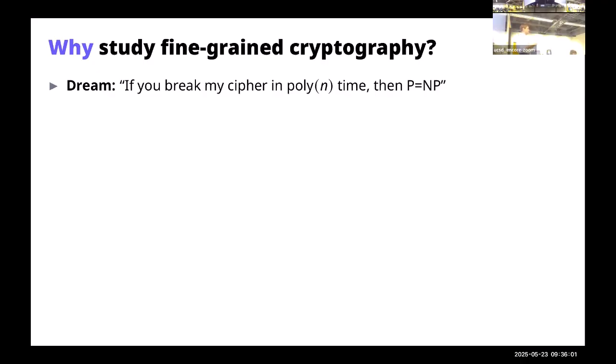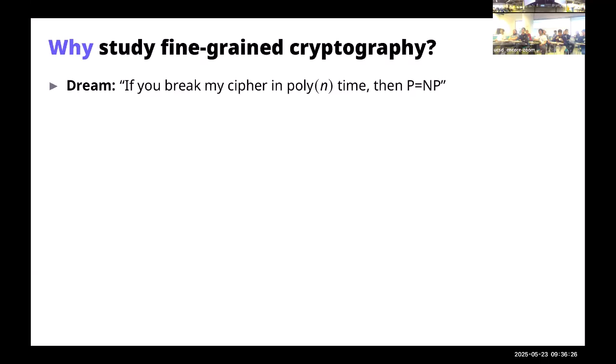So for instance, a dream theorem, a dream reduction, would be showing that here we have a cipher, a crypto system, such that if you can break it in polynomial time, then you can solve any NP-hard problem in polynomial time. That would be nice, but we don't have it.